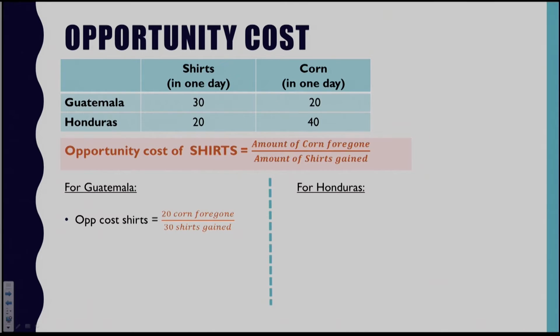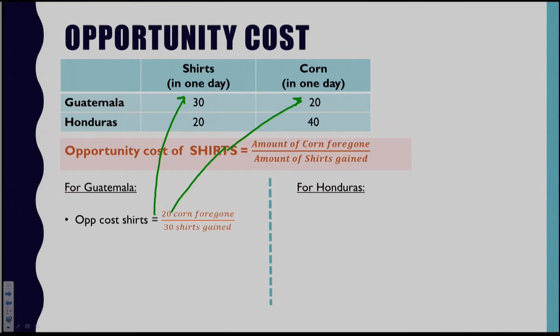So for Guatemala, the opportunity cost of shirts is going to be 20 corn foregone over 30 shirts gained. Now, if you're having any trouble at all figuring out where these numbers are coming from, again, the 20 is coming from right there, and then the 30 is coming from right there. So this is the choice that they have to make.